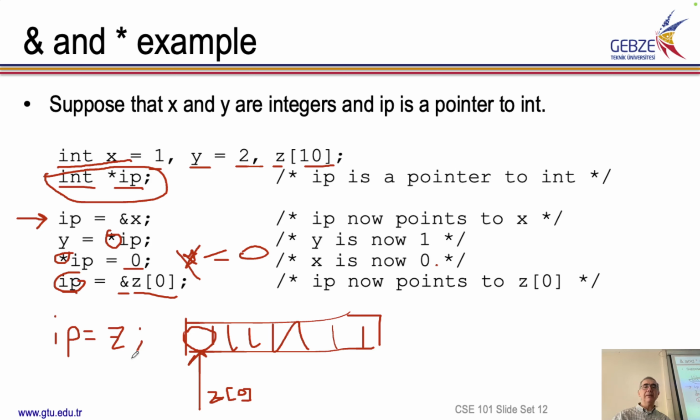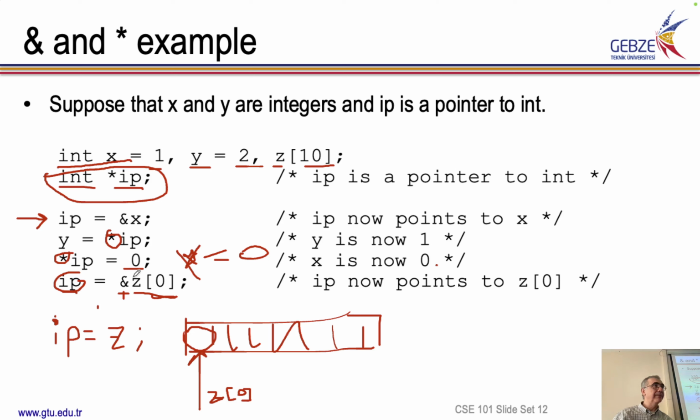When I say Z without brackets, it means I can drop this one and this one. These are the same. IP is equal to Z. So Z by itself is the pointer to the array.